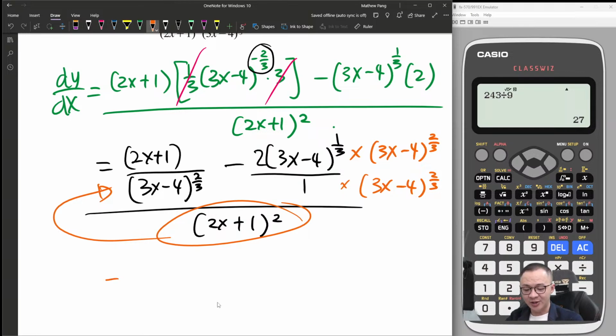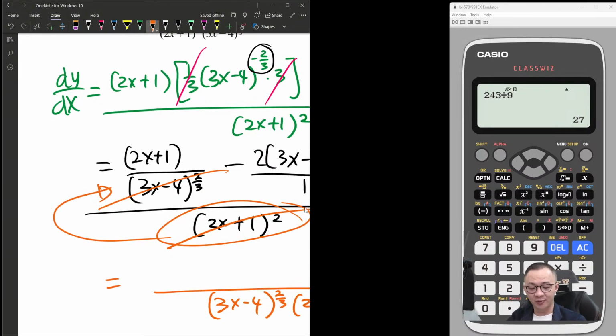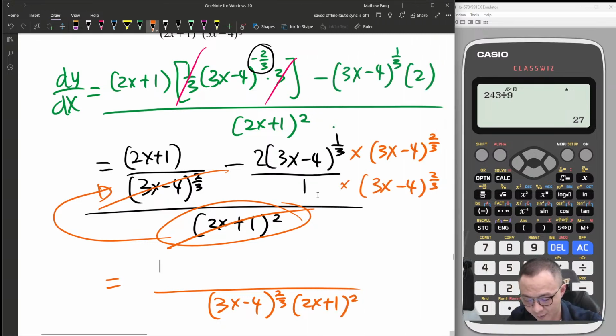So let's do it. This one, I already have (3x minus 4) power of 2 over 3, and (2x plus 1) square will be beside it. Okay, so right now I already solved all these 3 things. So I just need to solve the numerator now.